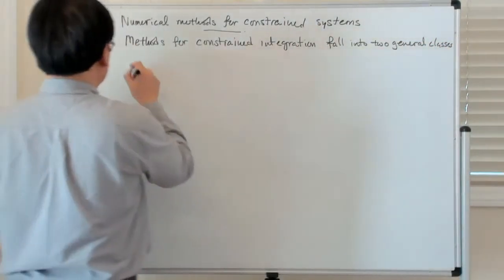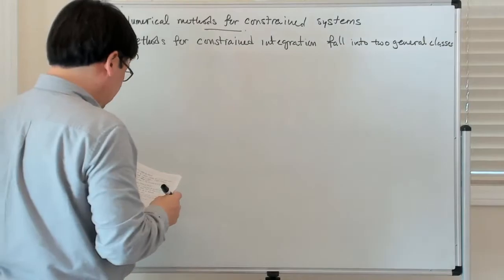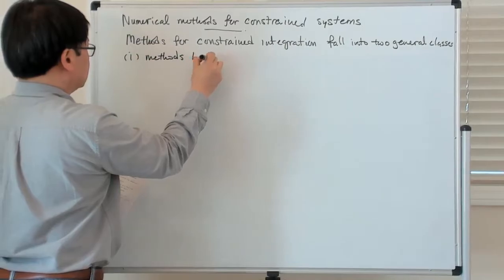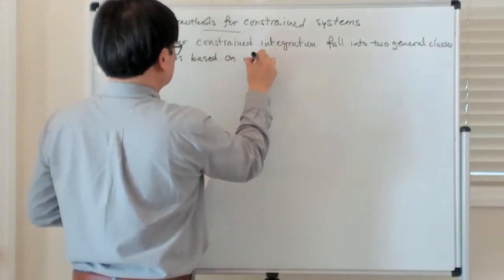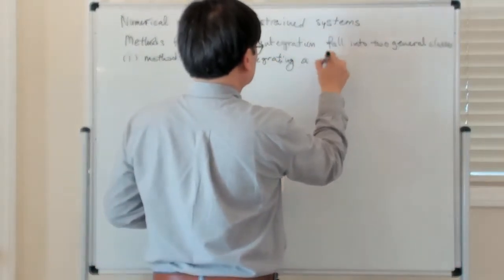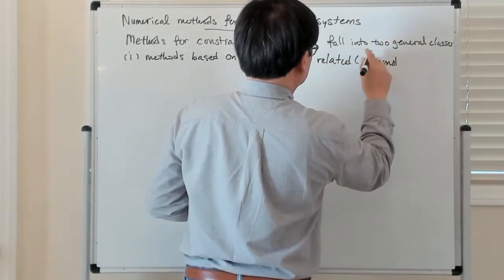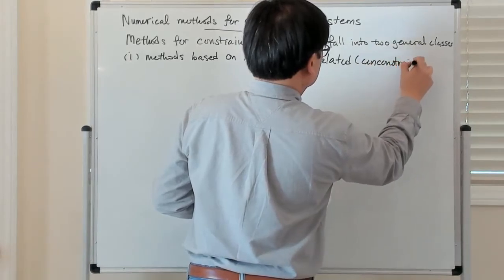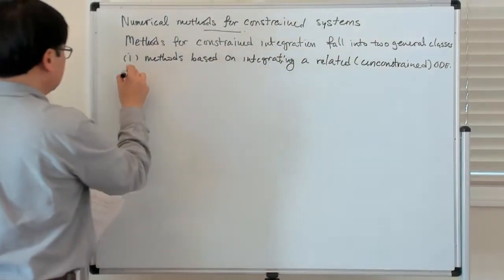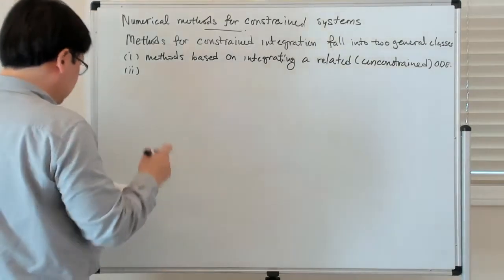The first are methods based on integrating a related unconstrained ODE, and the second are methods based on a direct discretization of the constraint equations.